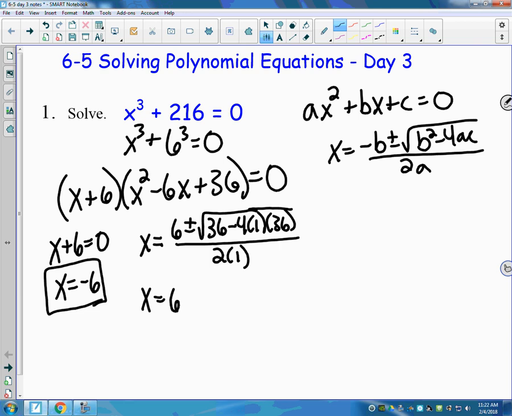And again, I highly recommend just doing this on your calculator. So I'm going to type this on my calculator and say 36 minus 4 times 36 gives me -108. So this is why it's not a solution you normally think about, because it's going to be imaginary.